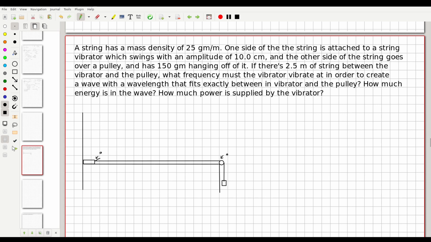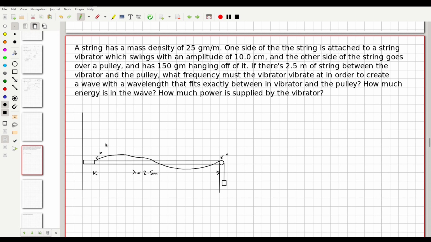So we have a standing wave here that's going to look something like this, which means that not only do we know the distance between the vibrator and the pulley, we also know the wavelength of our wave. The wavelength of our wave here is 2.5 meters.